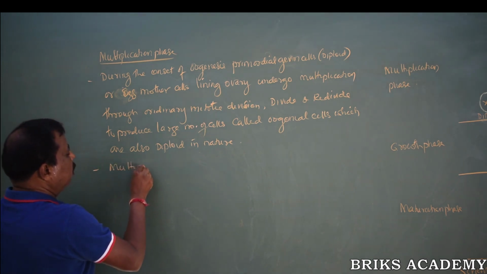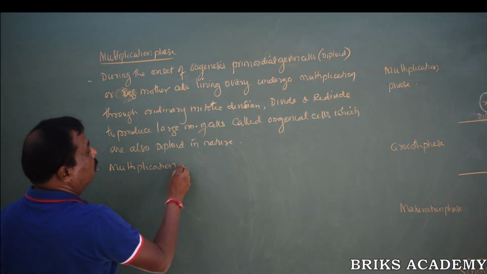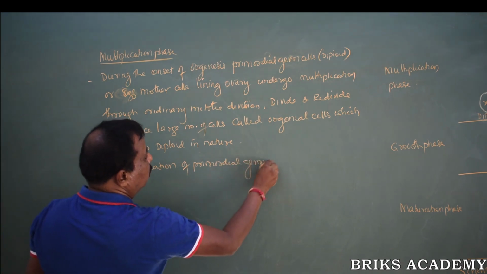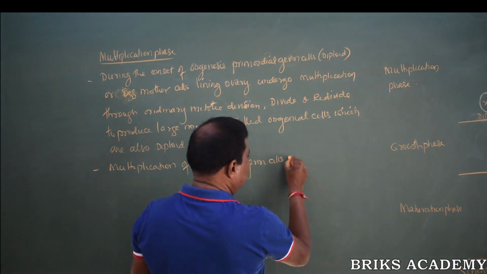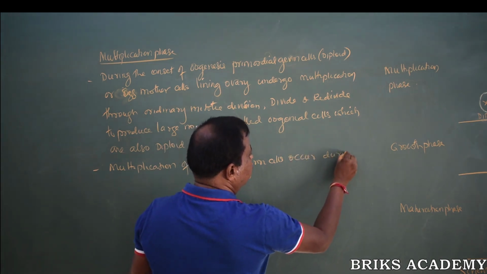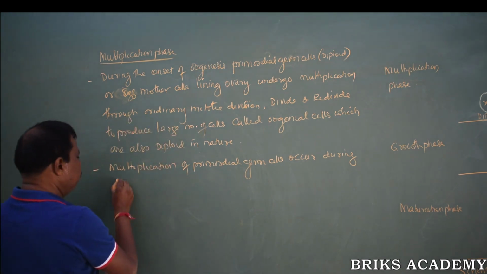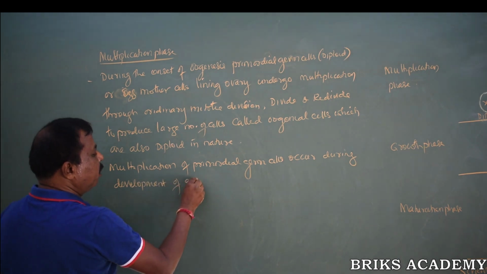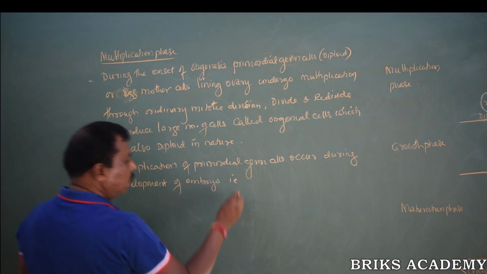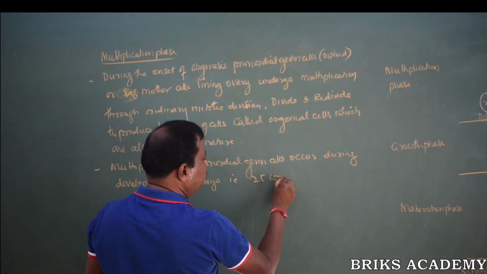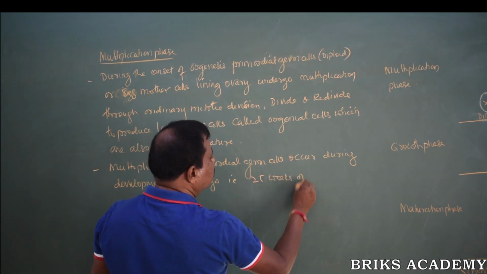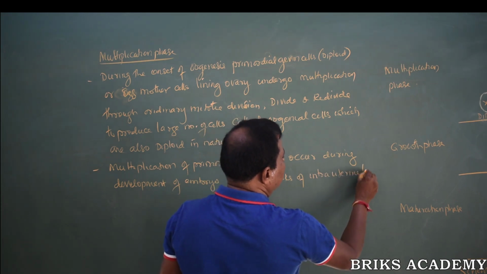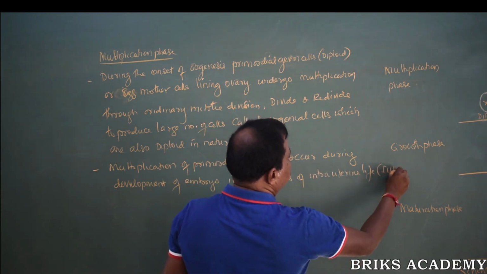Multiplication of primordial germ cells occurs during development of the embryo, that is 2 to 5 weeks of intrauterine life, IUL.